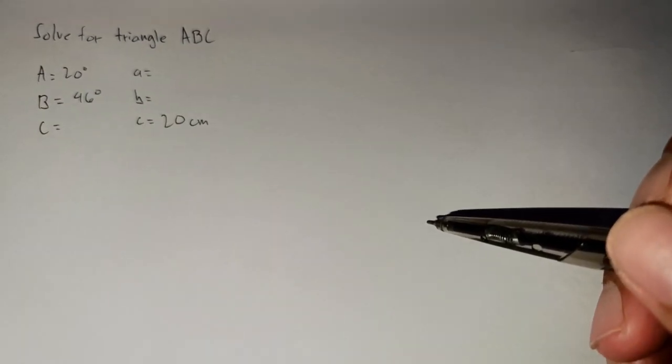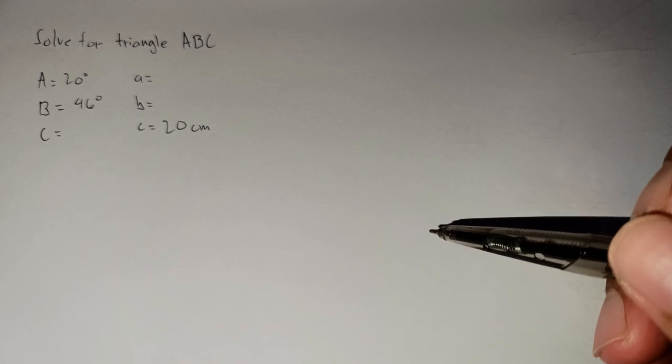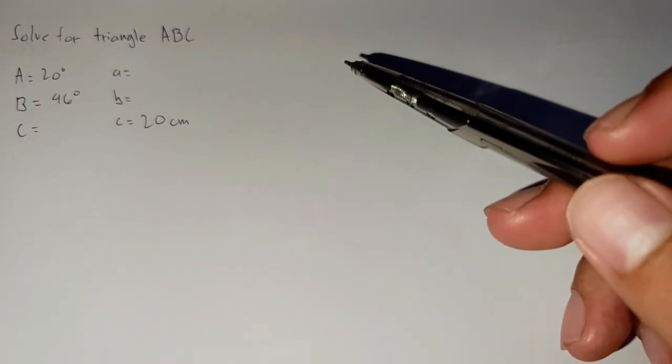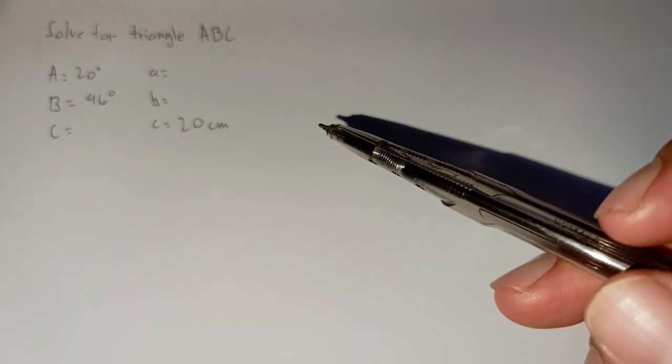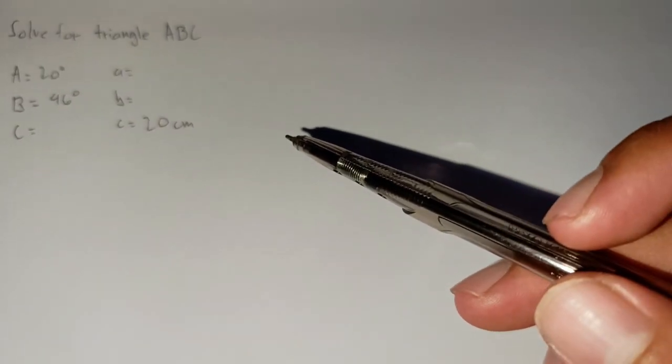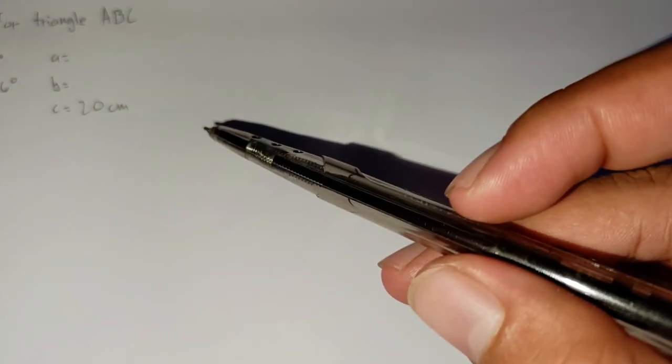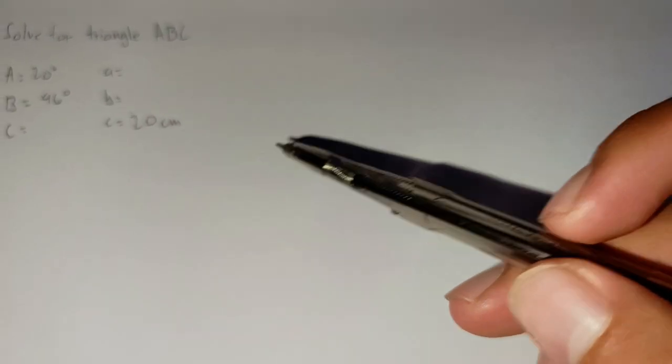We need to solve triangle ABC, where A is 20 degrees, B is 46 degrees, and c is 20 centimeters.